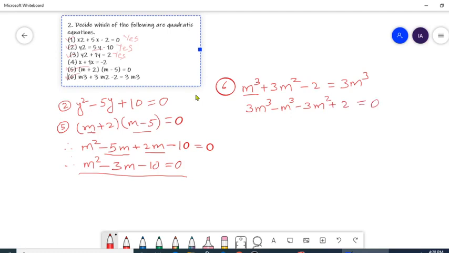Now this is 3m cube and this is minus 1m cube, which will give you 2m cube minus 3m square plus 2 equals 0. Now this is a more simplified form of the given equation number 6. As you can observe in this equation, the highest degree is 3. But for being a quadratic equation, the highest degree should be 2. So you can say this is not a quadratic equation because the highest degree is more than 2, or greater than 2.